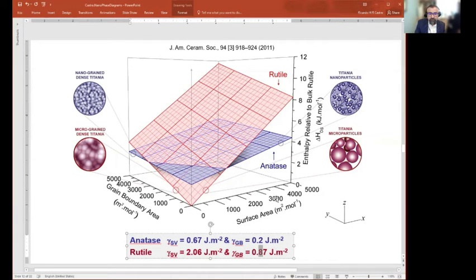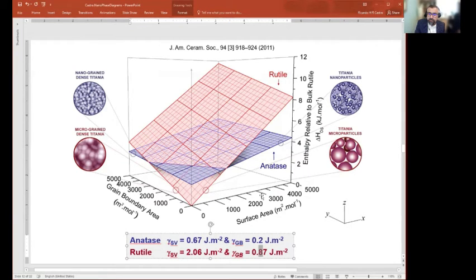Oh, for example, if I'm here at 4,000 and my particles are free, I'm pretty much all titania. And even if I go to 3,000, they're all anatase, they're all blue at 3,000. But if I go to 3,000 here, it's already rutile.